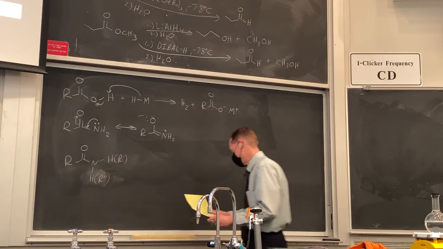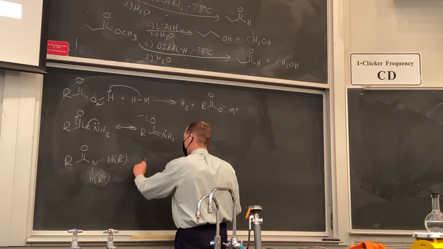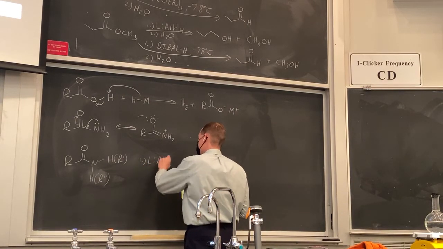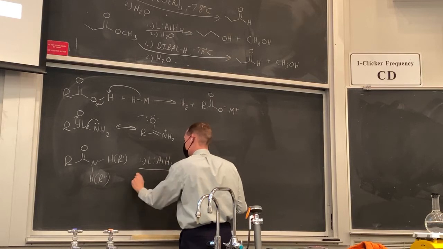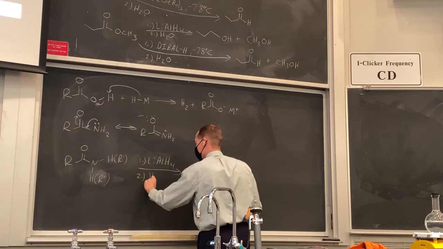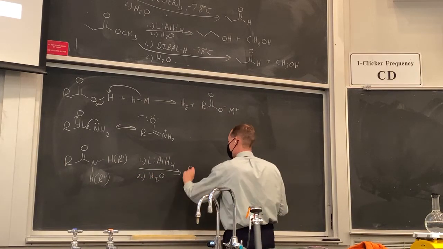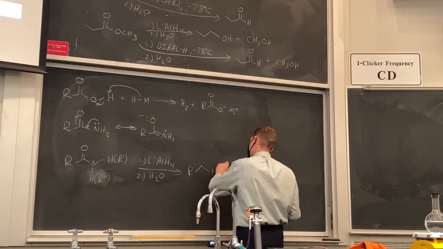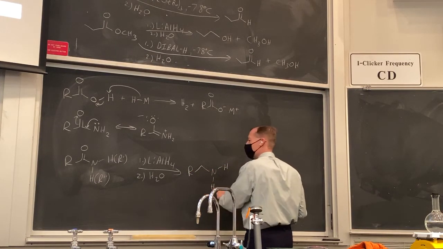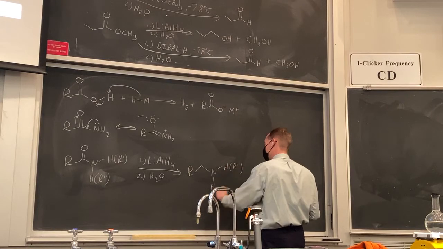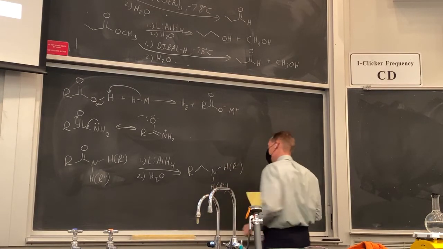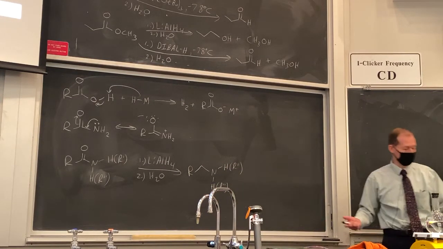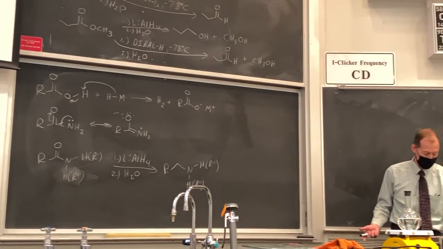But any of these types of amides, we're going to react with lithium aluminum hydride, and we're going to add water in a second step, and we're going to obtain an amine. Okay? So instead of obtaining an alcohol, we obtain an amine from this reaction.